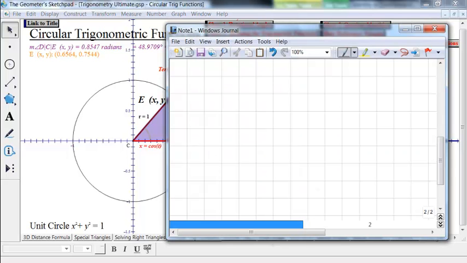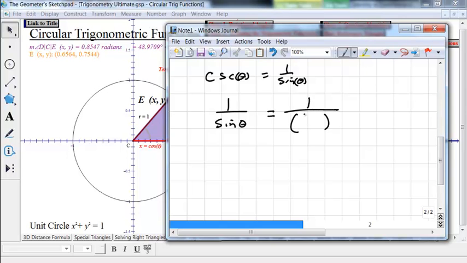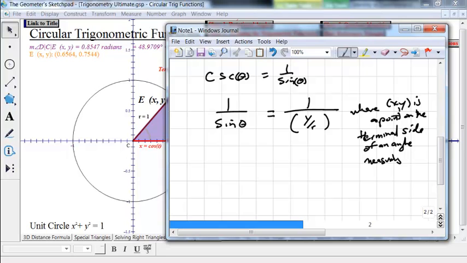If we wanted to actually prove this, cosecant of theta equals 1 over sine of theta, we start with one side. This is given. And it equals 1 over, well, sine of theta is y over r, where (x, y) is a point on the terminal side of an angle measuring theta in standard position.